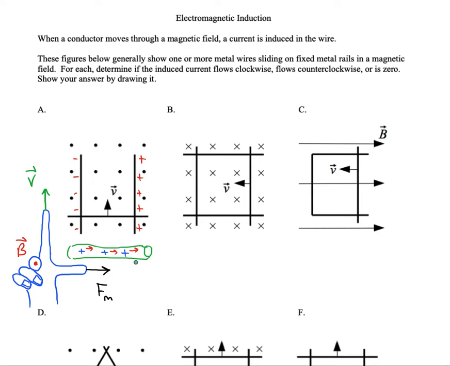So this picture shows what would happen in that wire when it first starts to move. But over time, what we would have is simply polarization. So this would be after the charges rearrange.